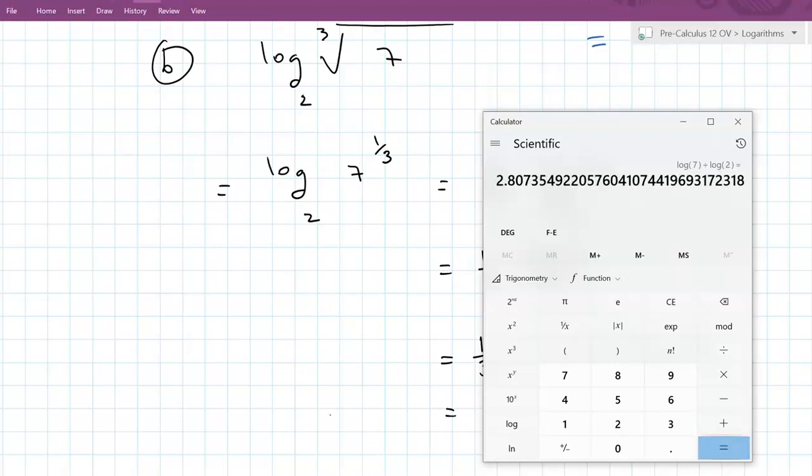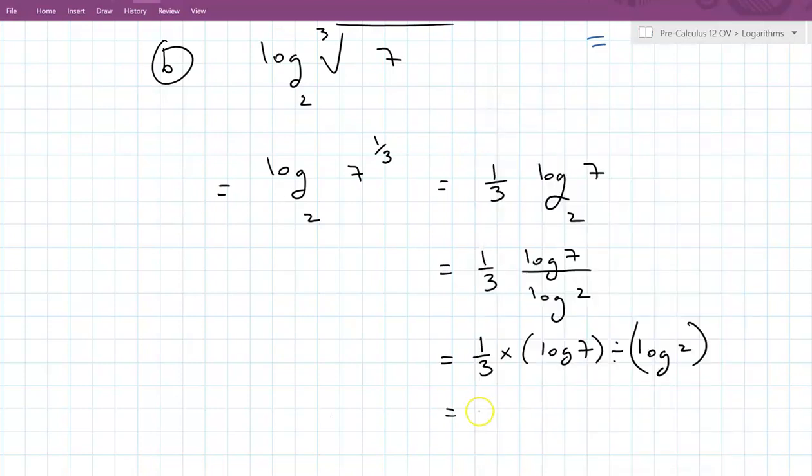I want to know what that equals, and that's 2.8073. Whatever I get, I have to multiply by 1/3 or divide by 3, and that is 0.9358. So that is the final answer.